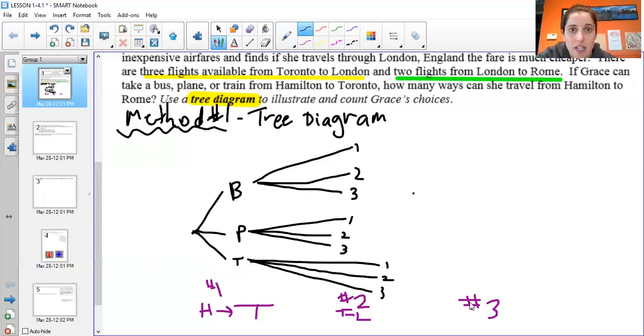Now here I am in London. So for me to get from London to Rome, I need to branch out 2 times outside of each of these.